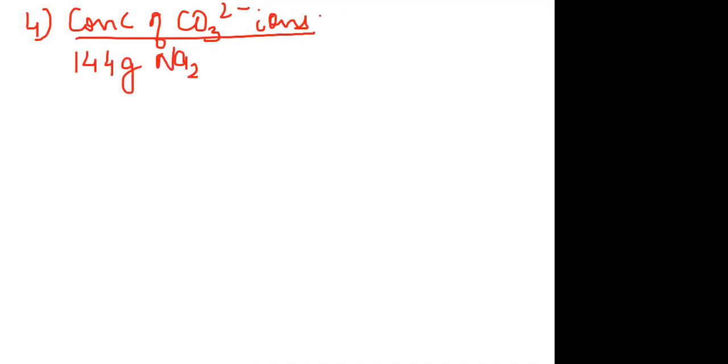From where did I get 144 grams of sodium carbonate? When you add up the molecular mass of sodium carbonate·2H2O, it will come to that. And this contains 60 grams of carbonate ions per liter.